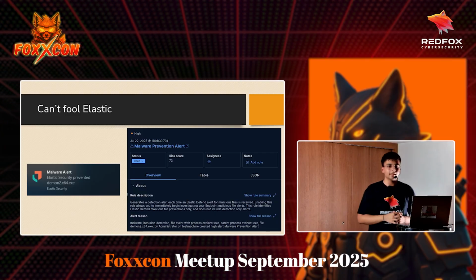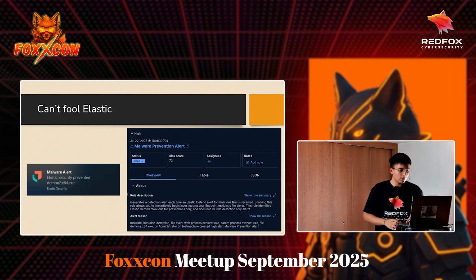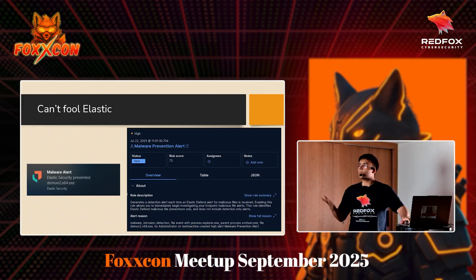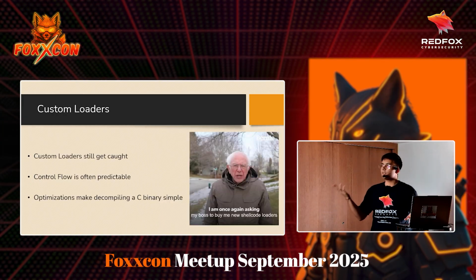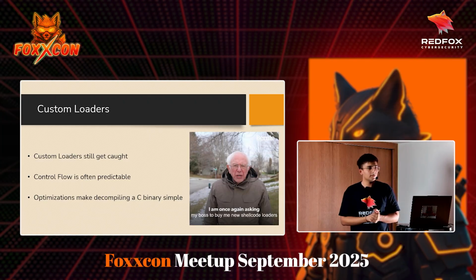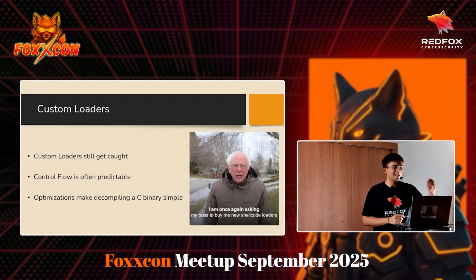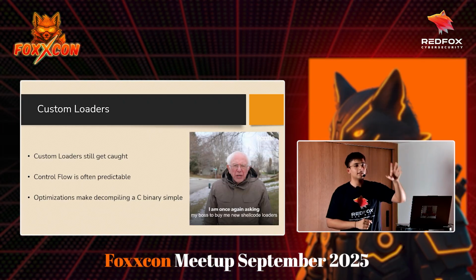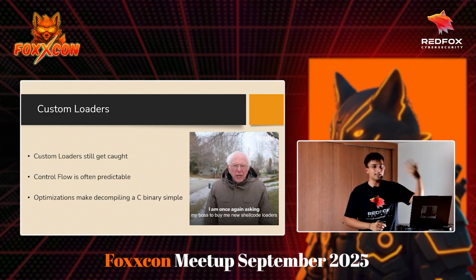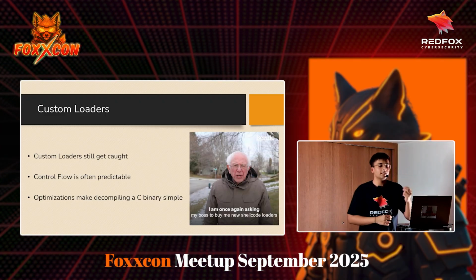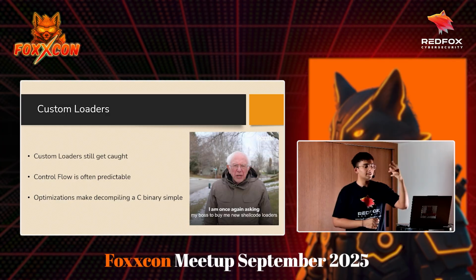So there are still ways to beat it, one of which is custom loaders, right? Instead of making Havoc write their default daemon, what you can do is take the shellcode which they make.